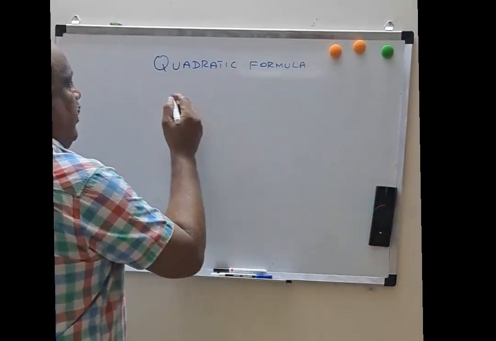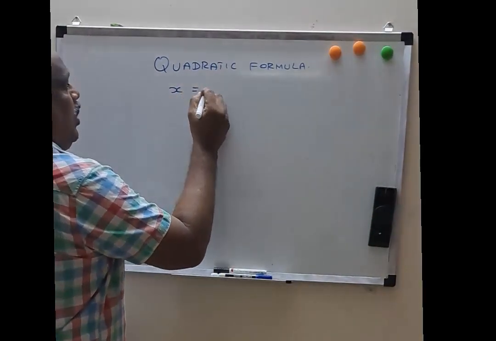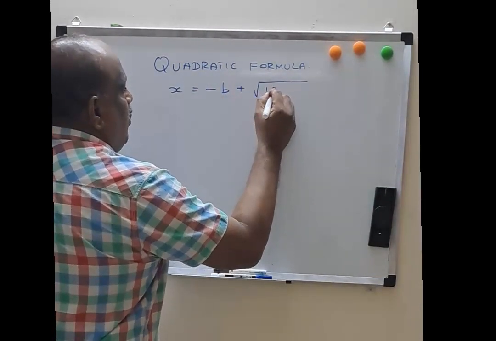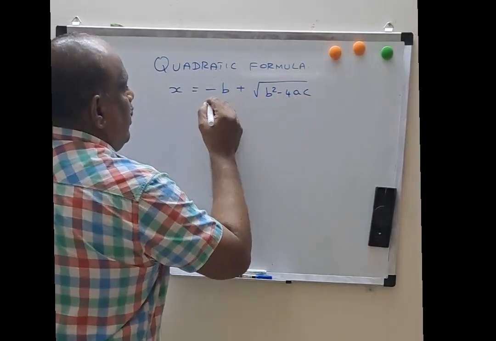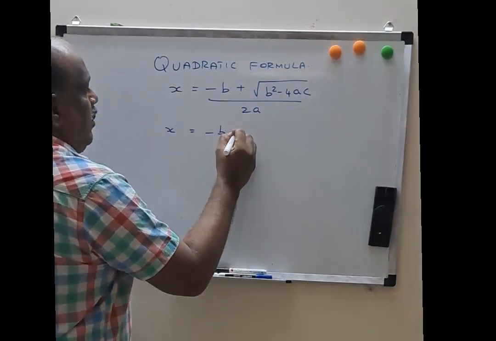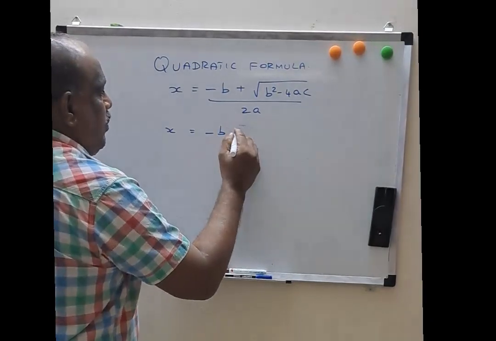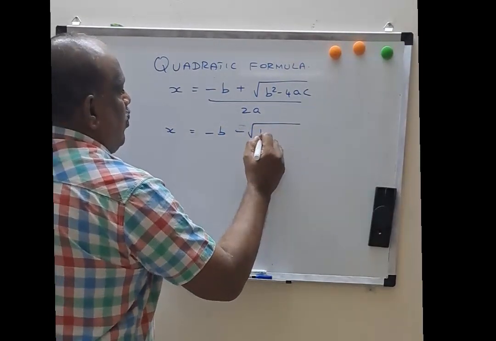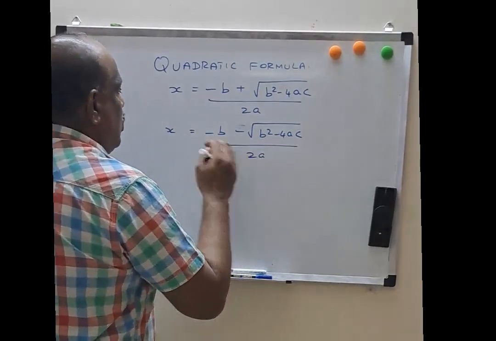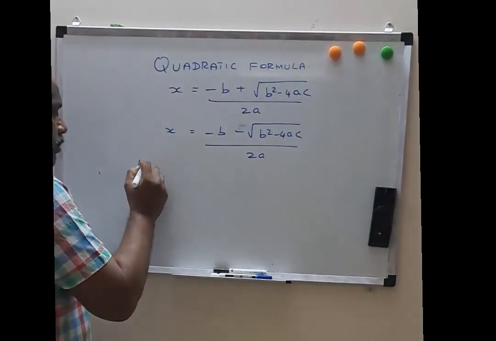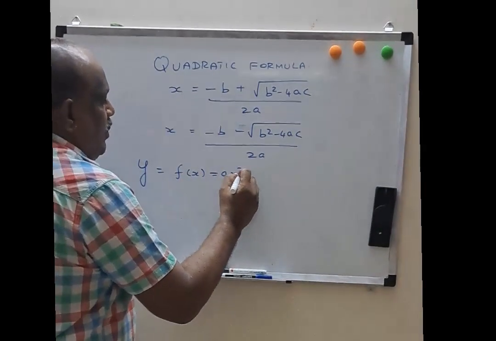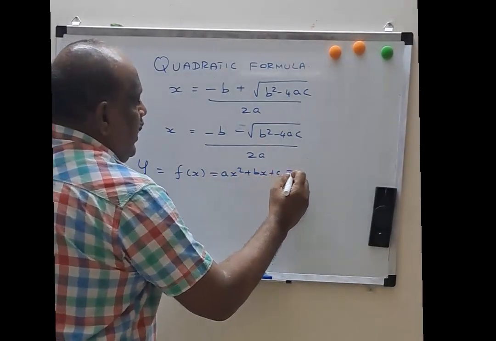So ultimately we end up with the formula x equal to minus b plus square root of b squared minus 4ac by 2a. And the other x value is minus b minus square root of b squared minus 4ac by 2a. So these two x values will make y equal to f of x equal to ax squared plus bx plus c equal to 0.